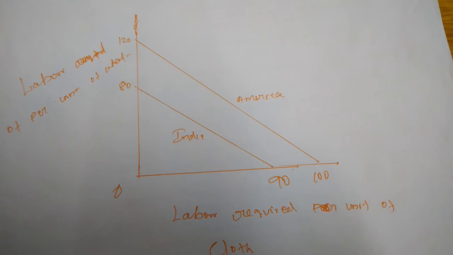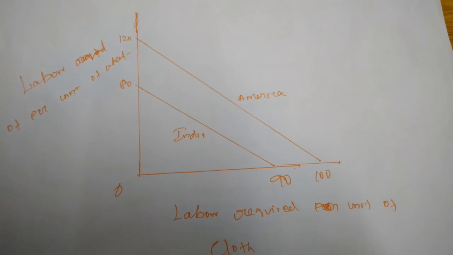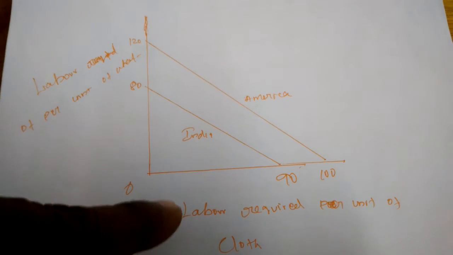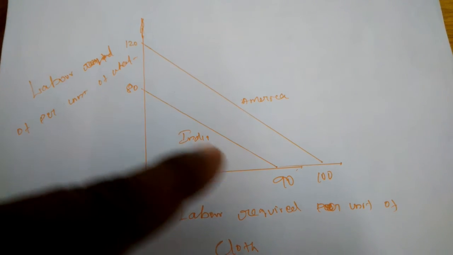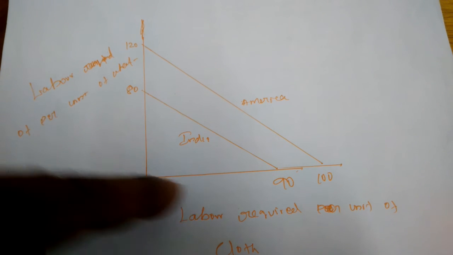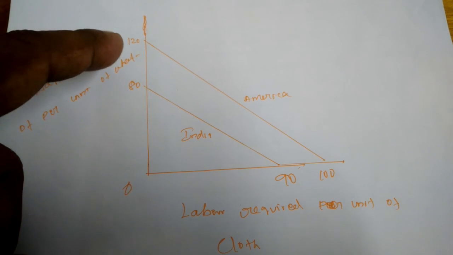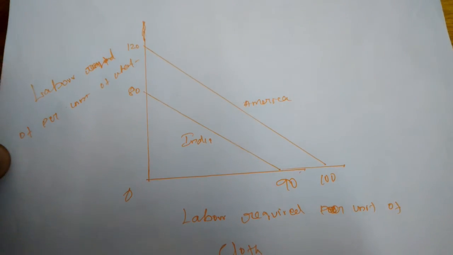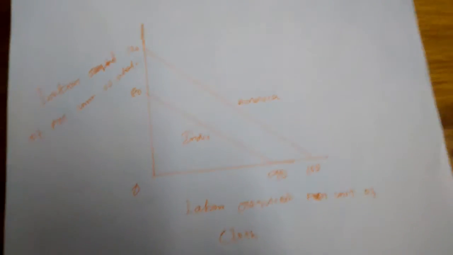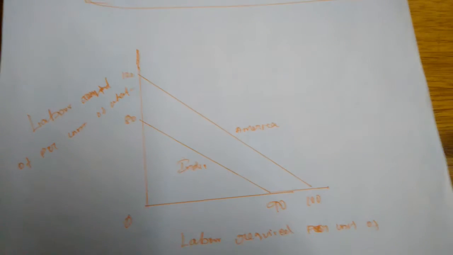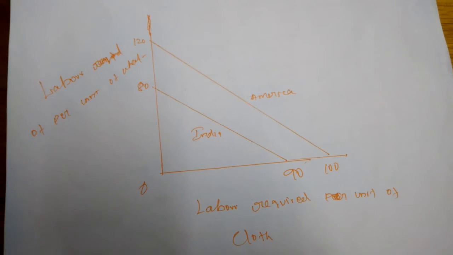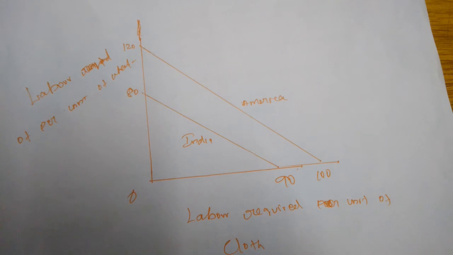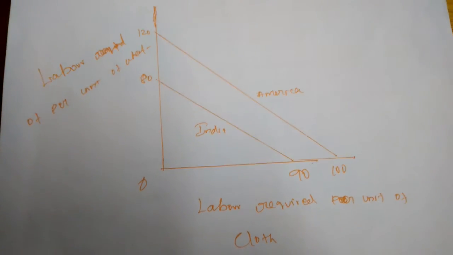So India can produce more wheat and export it to America. At the same time, America can produce more cloth and export it to India. So when we compare the cost advantages, if nations feel it is better, they will come to trade.